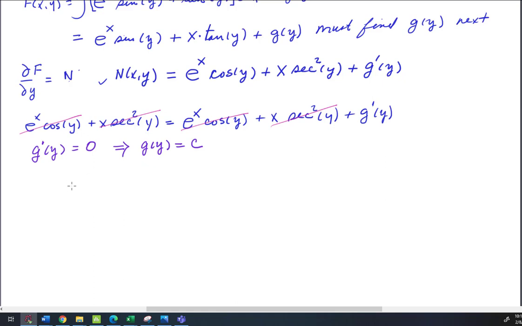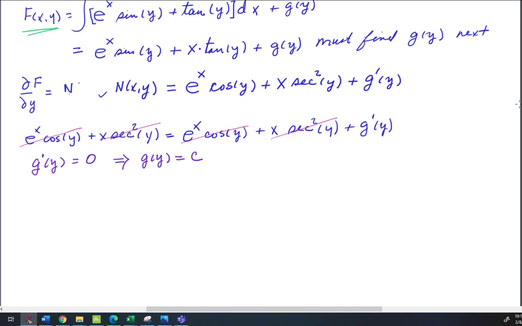So now I know f of xy, and let me point out, here's f of xy, and here's its expression, and now I know g of y.